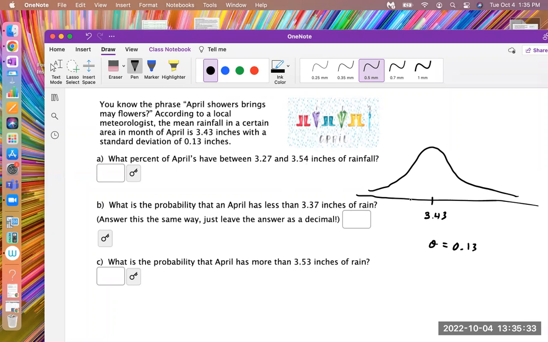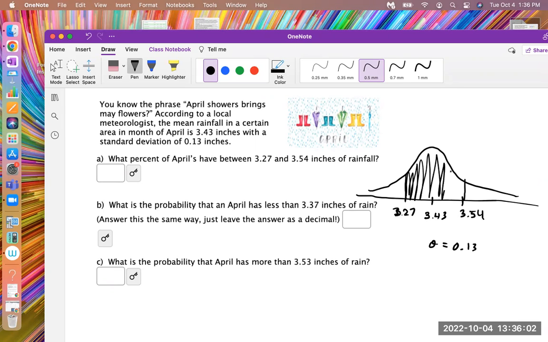When they ask for either the proportion or the probability of a randomly selected one in the range, then we find the area under the curve. So it's between 3.27, which is to the left, and this one to the right, and we just have to find the area under the curve between those two.